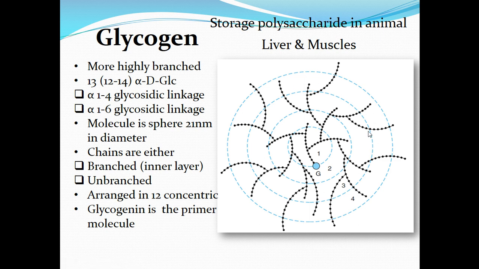The branched chains, each having 2 branches, are found in the inner layers, and the unbranched chains occur in the outermost layer. Glycogenin, a 37 kilodalton protein, is a primer molecule for glycogen synthesis.